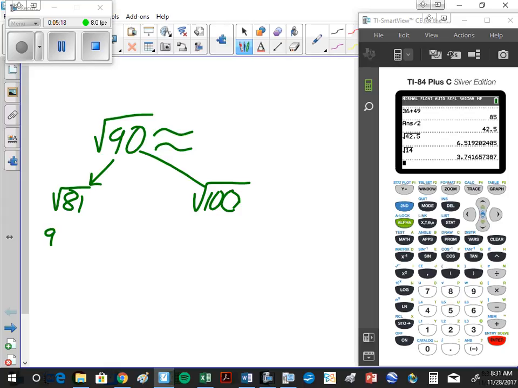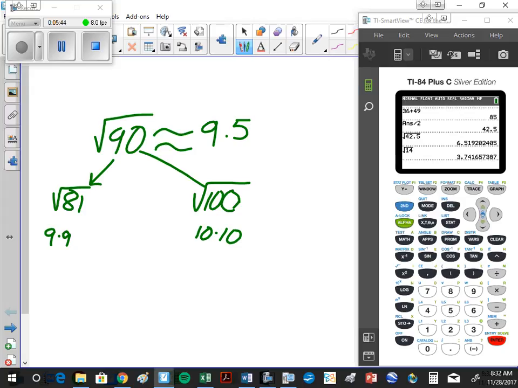This one is 9 times 9, and this one is 10 times 10. It's just slightly closer to 81, but it's pretty close to being in the middle, right? I would probably guess 9.5. That number is really, really close to the middle.